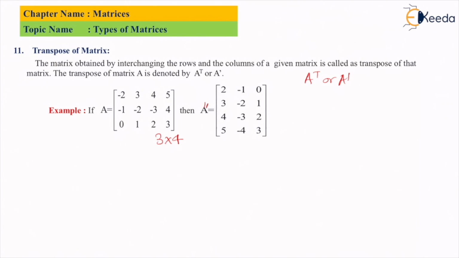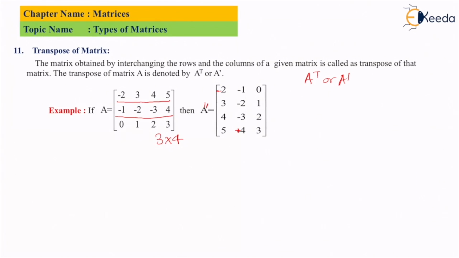So you can see here we have first row with elements as -2, 3, 4, 5. If I interchange first row with first column, then these elements will come in the first column. So here we got the elements -2, 3, 4 and 5. Similarly, second row has -1, -2, -3, 4. Here we got -1, -2, -3 and +4. So the elements in the second row shifted to the second column.